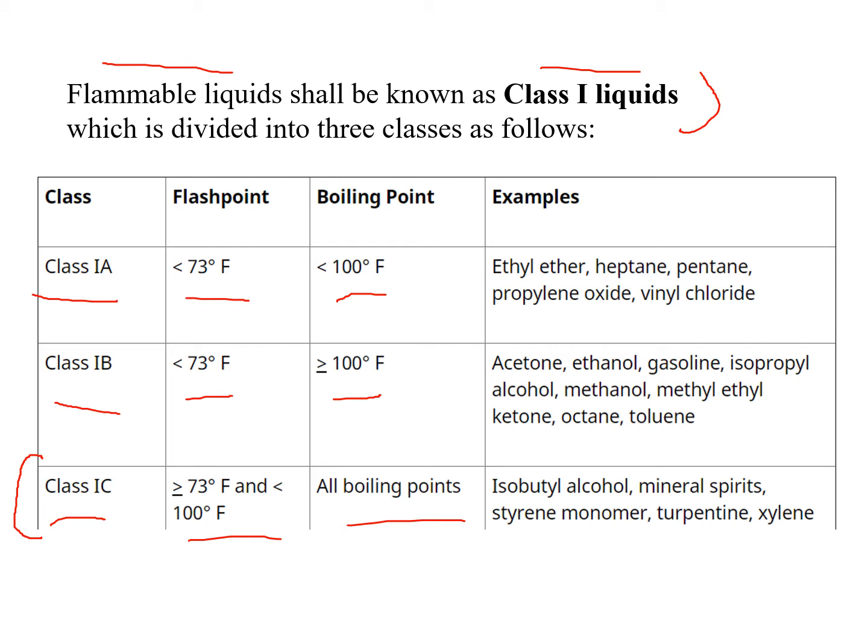Here you can see different examples of Class 1A, Class 1B, and Class 1C flammable liquids. You can see all these different chemicals being used in the lab, for example isobutyl alcohol, mineral spirits, and xylene.